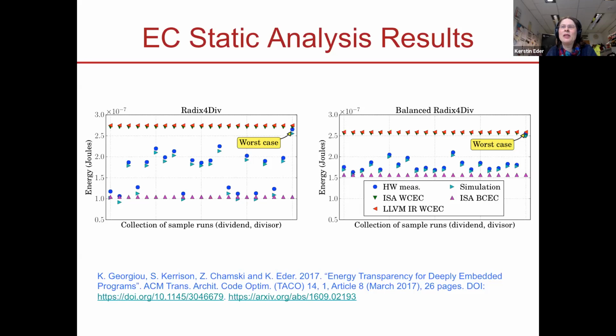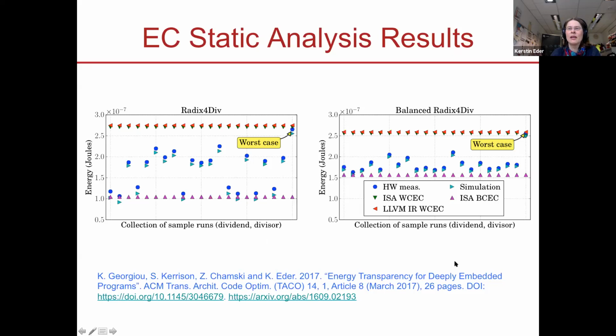So that was an interesting observation for us, that you can use this sort of analysis to help identify areas where vulnerabilities could potentially be detected based on an energy model.